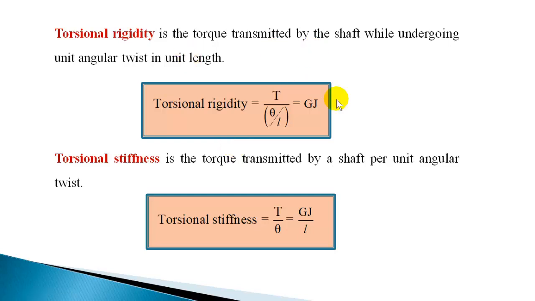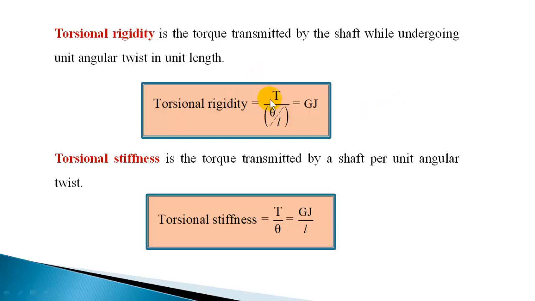A part of the torsion equation is T is equal to G theta by L into J, or GJ into theta by L. How much torque a shaft can transmit while it undergoes unit angular twist per unit length of the shaft, that is the torsional rigidity of the shaft.